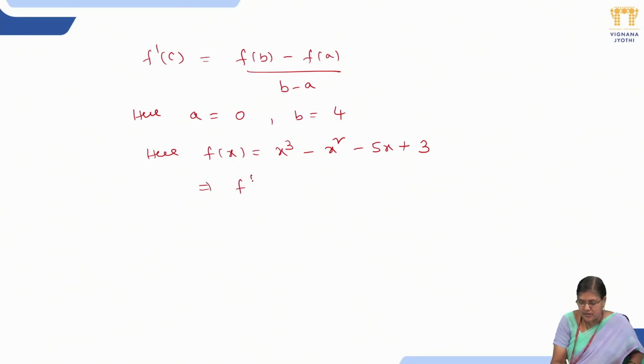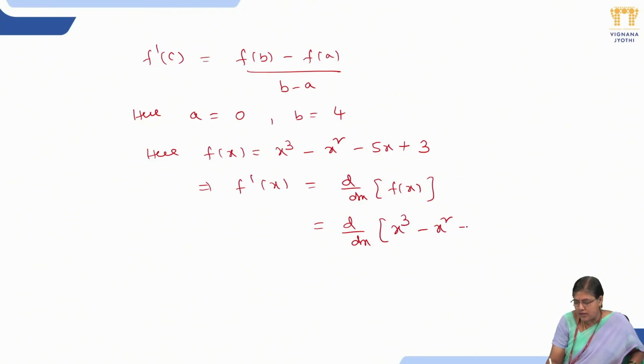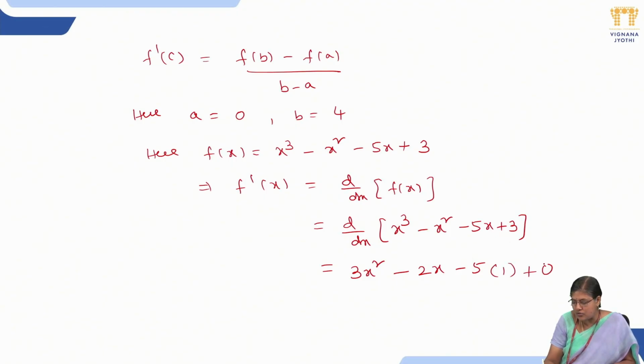Derivative of f of x is denoted by f dash x, that is d by dx of f of x, that is equal to d by dx of x cube minus x square minus 5x plus 3. Now d by dx of x cube is 3x square, minus d by dx of x square is 2x, minus 5 into d by dx of x is 1, plus d by dx of 3 is 0.